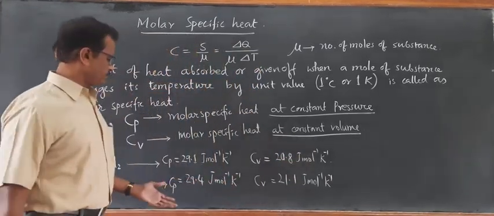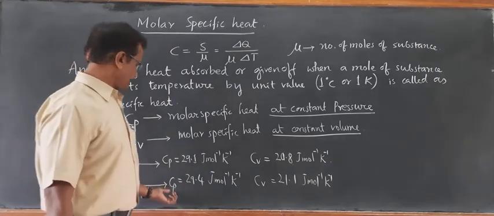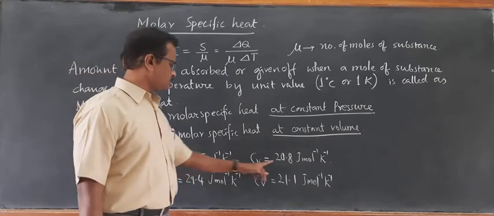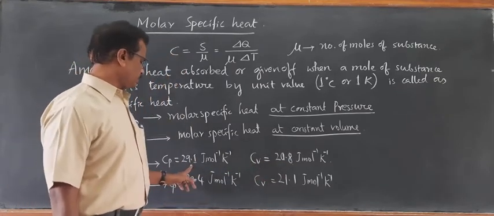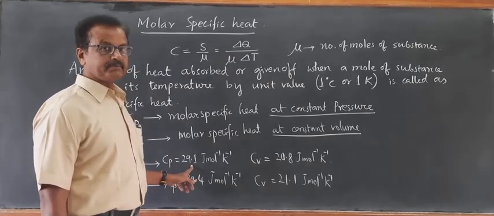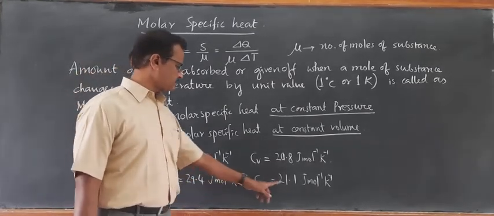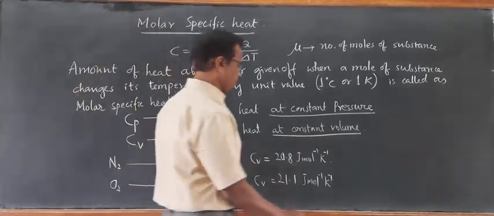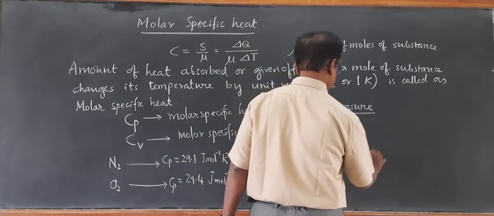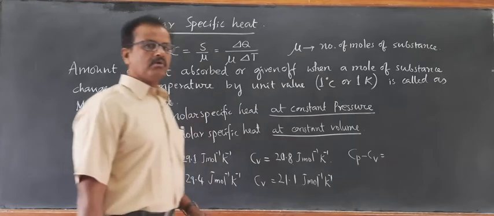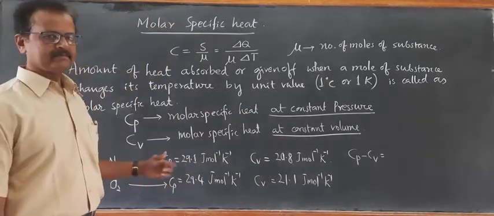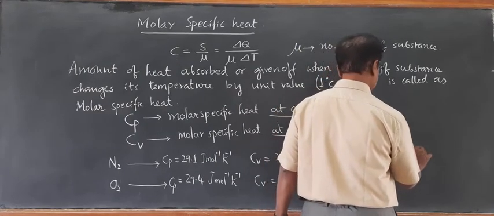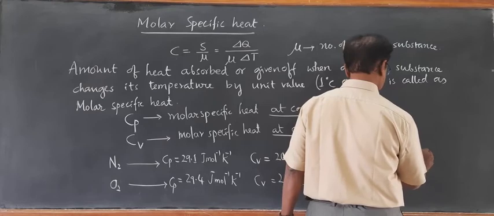So there is a relation between them. You can see, if you take the difference Cp minus Cv, there is a constant. 29.1 minus 20.8 gives 8.3. 29.4 minus 21.1, again it is 8.3. So we are getting Cp minus Cv for a mole of gas as a fixed value, 8.3 joule per mole per Kelvin.